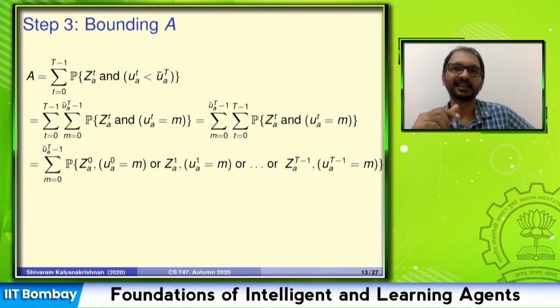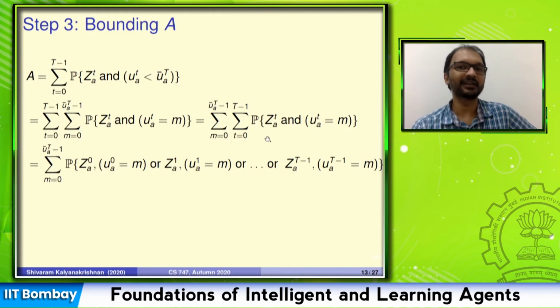It means U for the next time step cannot be M. It's got to be M plus 1. So we use the fact that if ZTA happens and UTA is M, then it cannot be that UTA remains M. For the next time step, UT plus 1A must have changed.